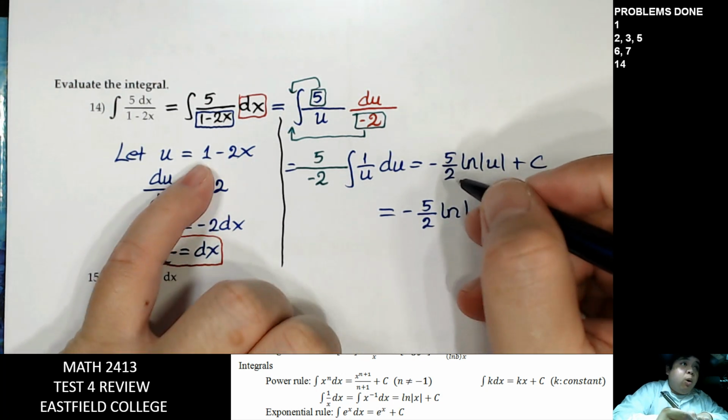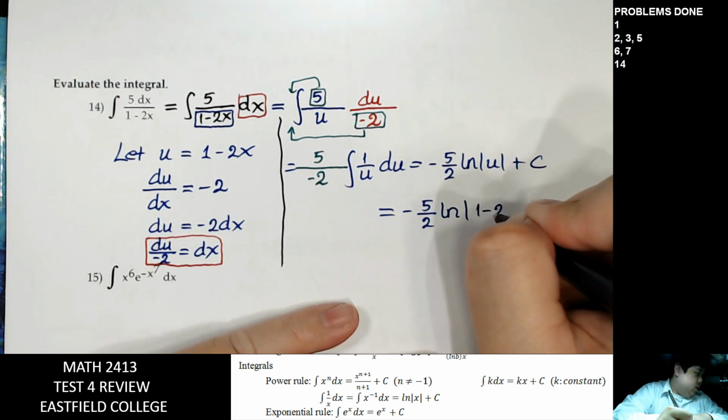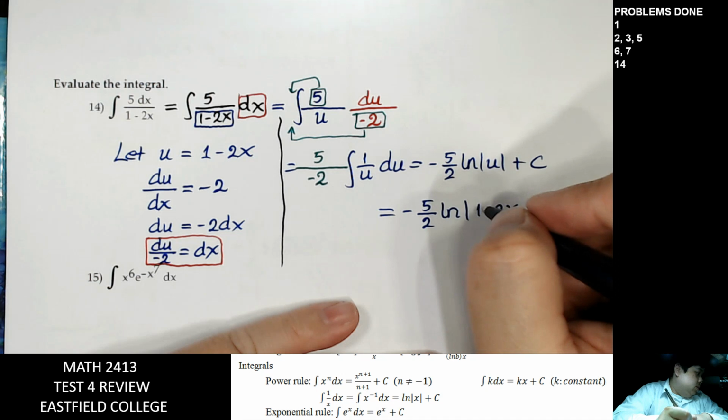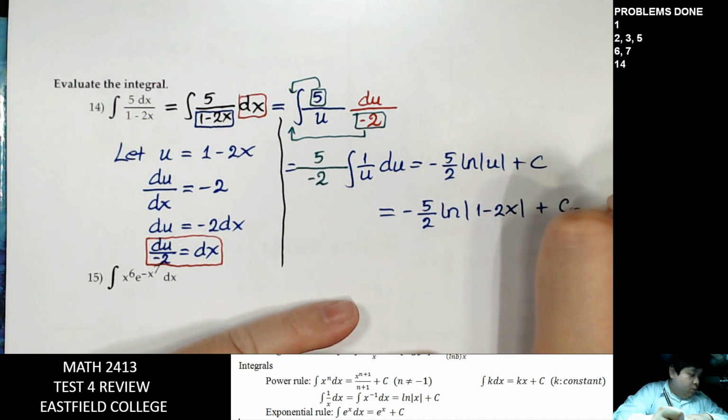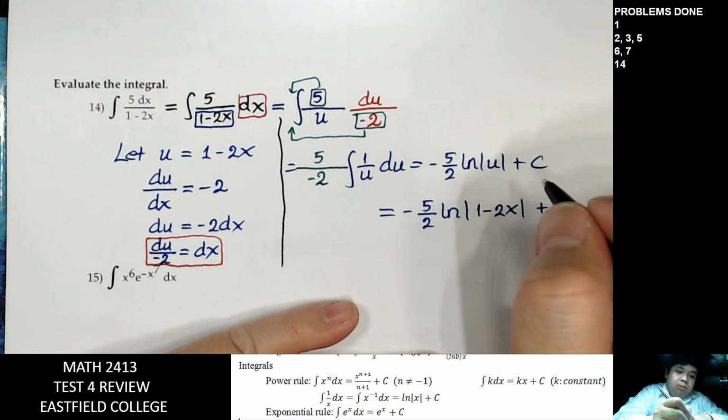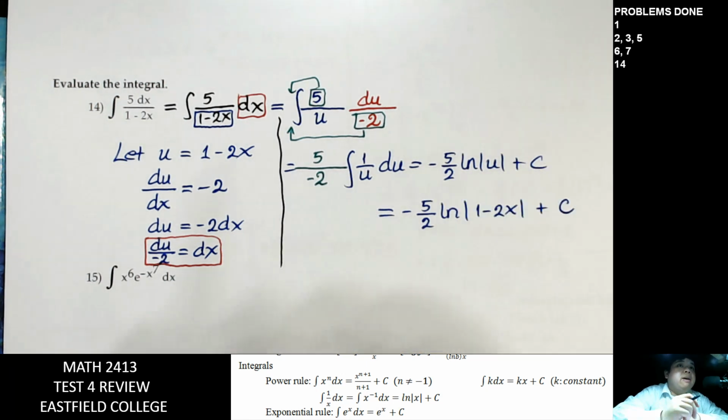And u is 1 minus 2x. So we just have it like that.